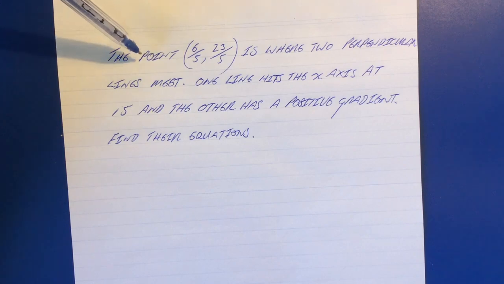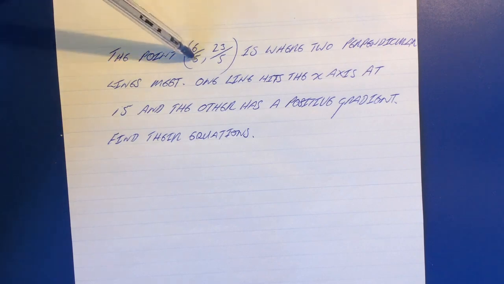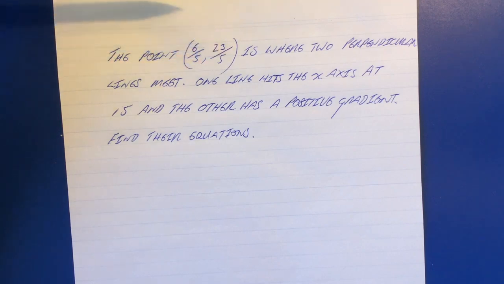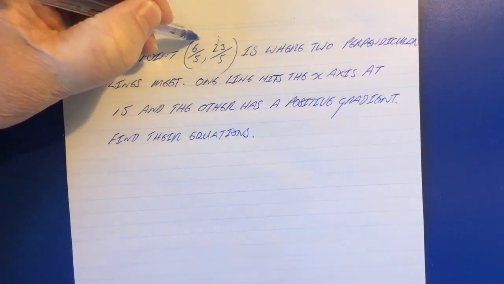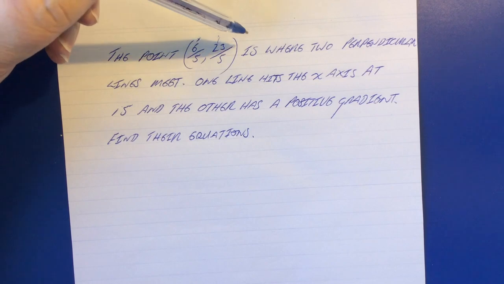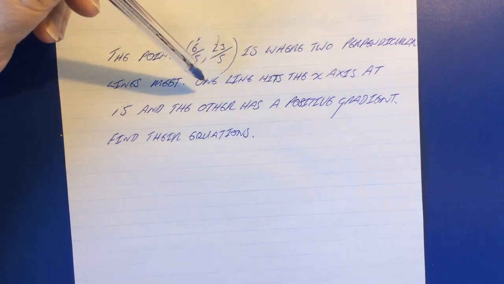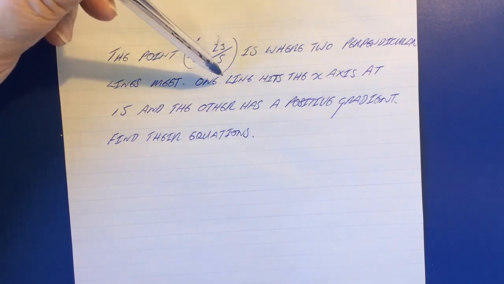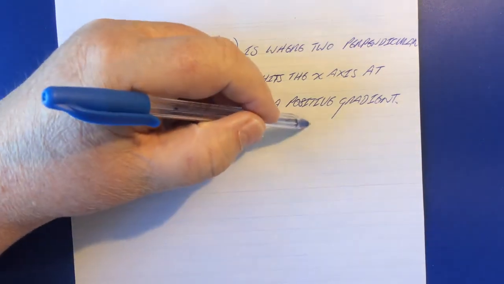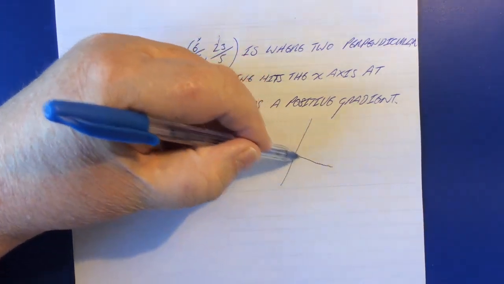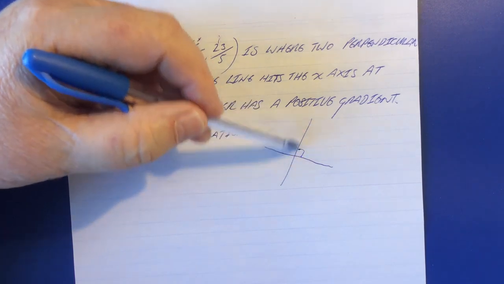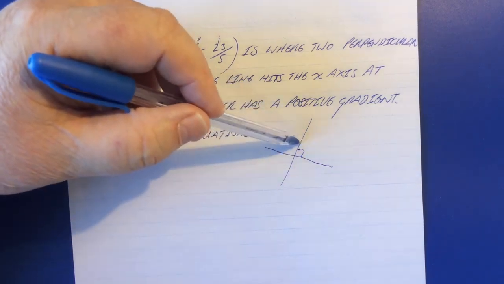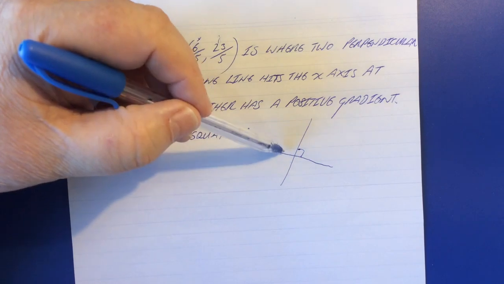We have a bit of a puzzle in front of us. The point 6 over 5 and 23 over 5, so that's an x-coordinate and that's a y-coordinate, is where two perpendicular lines meet. Perpendicular lines look like that. There's a right angle between these two lines, at 90 degrees.